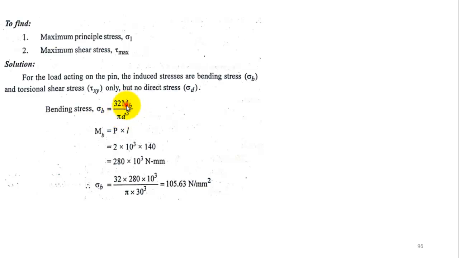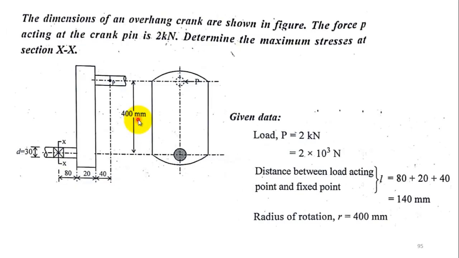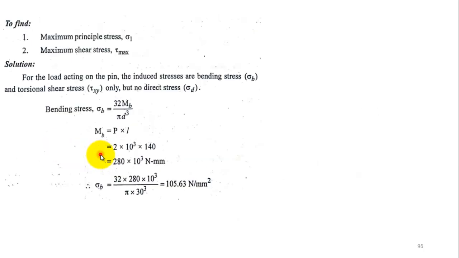Mb we have to calculate, the bending moment caused due to the bending load P, that is P into L. L we already know, L is nothing but the total value of this distance, 80 plus 20 plus 40, the distance between the load acting point, that is point P, and this section XX. That will give you your perpendicular distance. The bending moment is load into perpendicular distance, P into L.